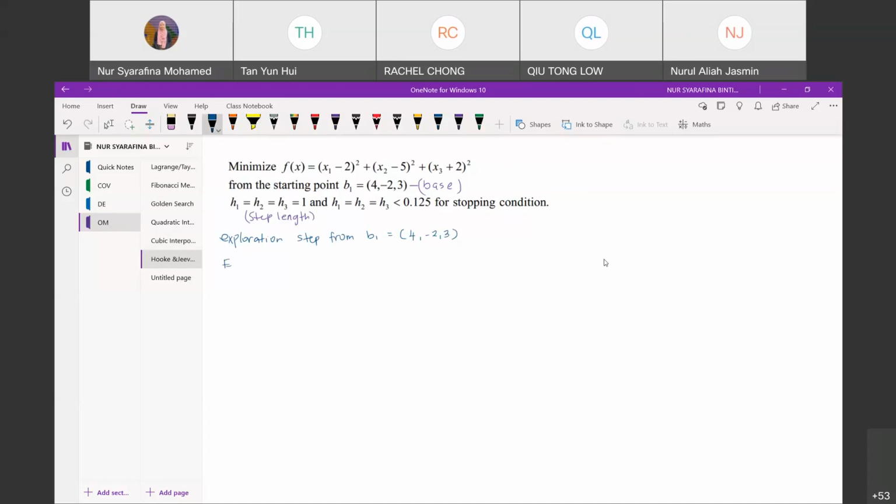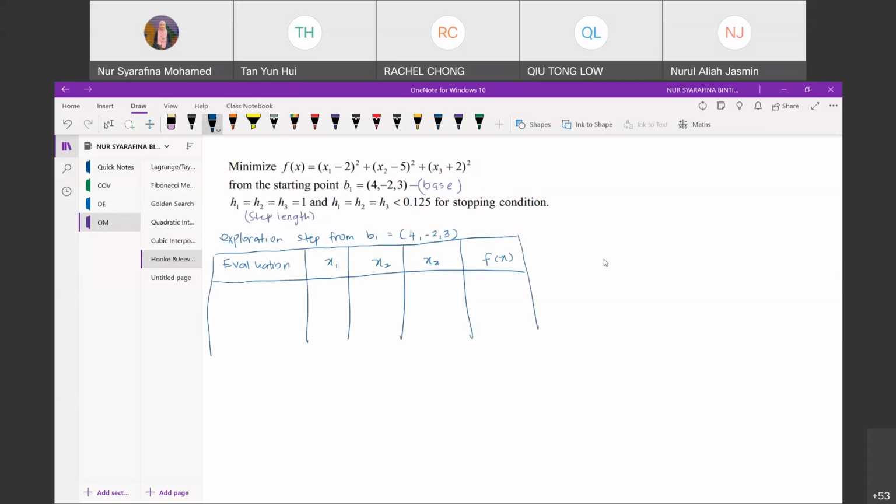So we evaluate x1, x2, x3, and the value of the function. The first evaluation, of course, starts from the base point (4, -2, 3), where the given function is 678. This is our starting value.